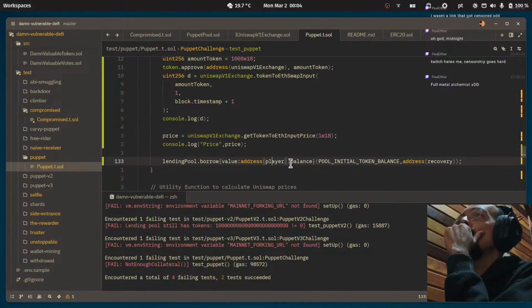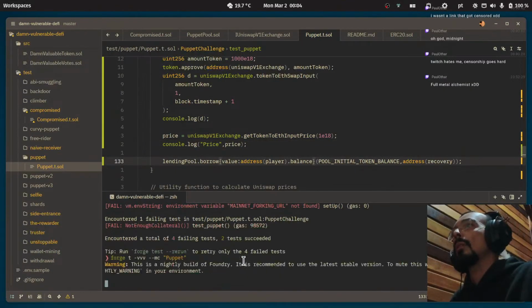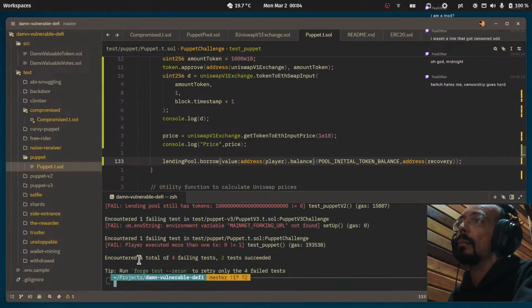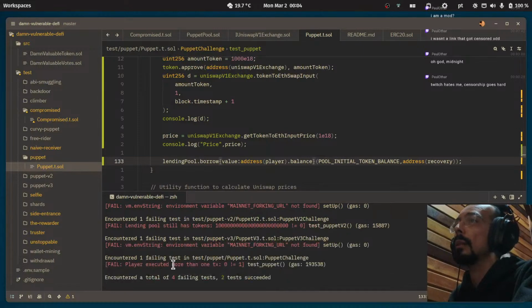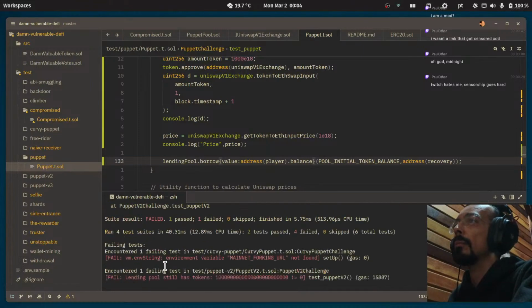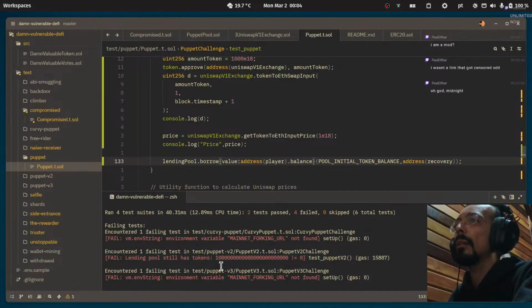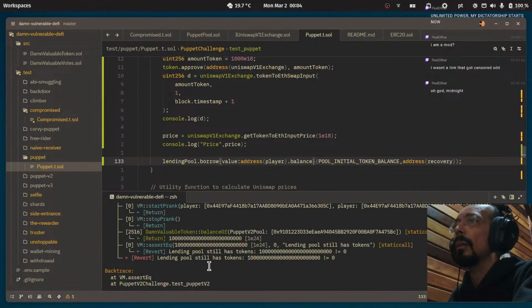Yeah, so did the borrow, and let's see if that's correct. All right. I think. Okay, Lending Pool has tokens yet? It's not possible, right? Something failed before.